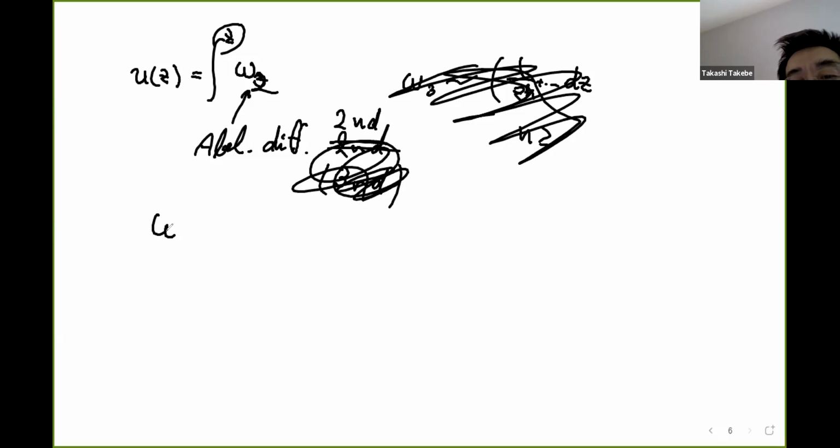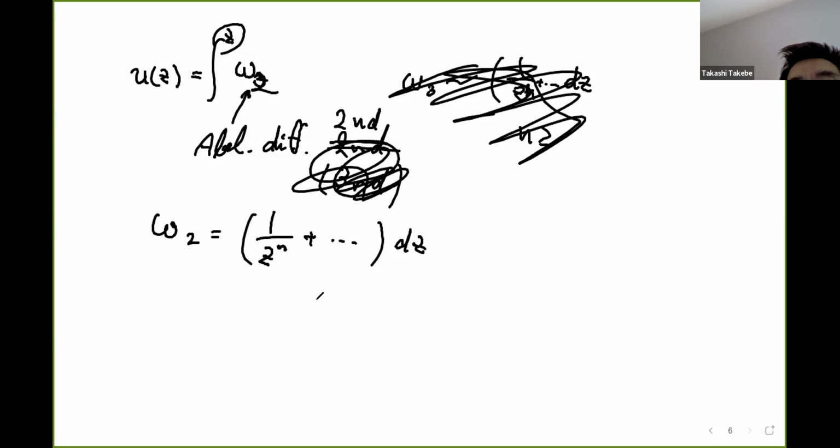If omega 2 is an abelian differential of the second kind, then we have such a pole.